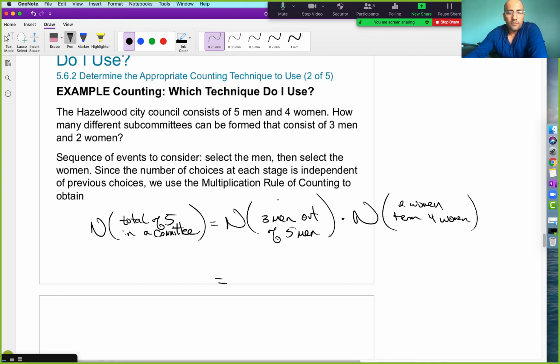So this is going to be combinations of 5 choose 3: out of the 5 men possible, choose 3 of them. Once we get an answer to that, we multiply it by combinations of 4 choose 2: out of the 4 women, choose 2 of them. The order does not matter. And then when you're done with that, you multiply those two things together.